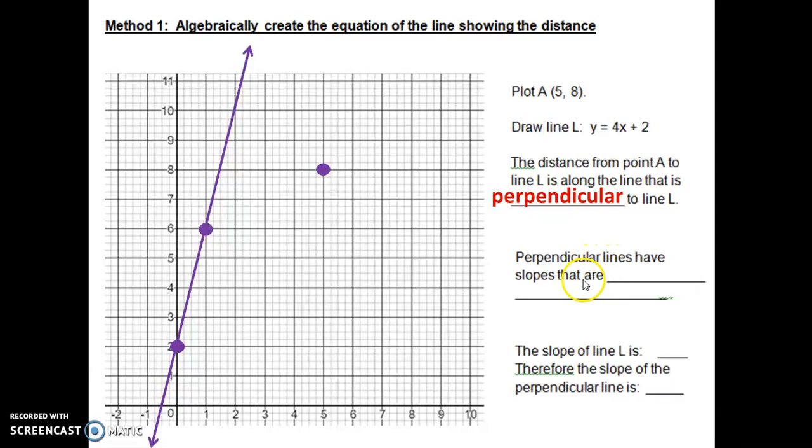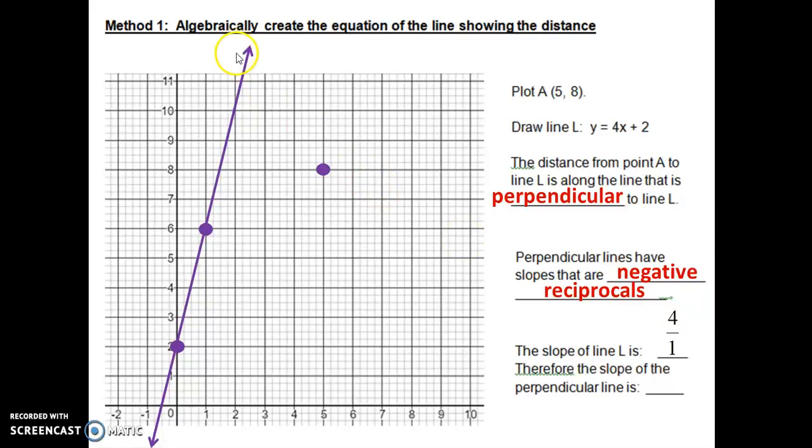Perpendicular lines have slopes that are, this might be something you have learned or maybe not. When you have two lines, the slopes of one line and its perpendicular line are negative reciprocals. What does that mean? Let's check. The slope of line L is the m value, 4. It's actually 4 over 1.